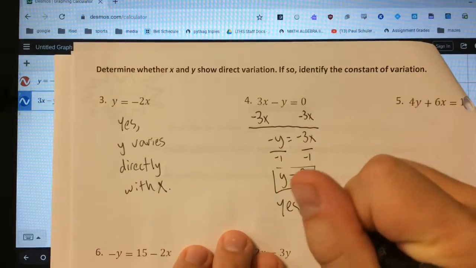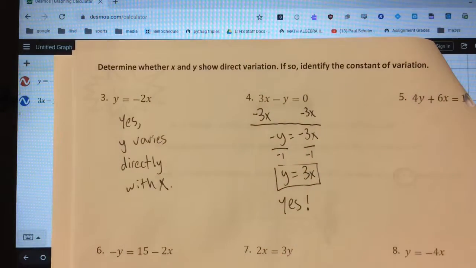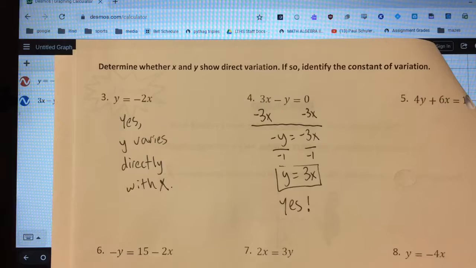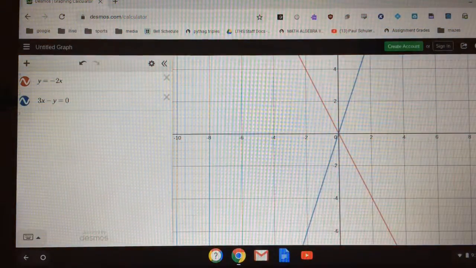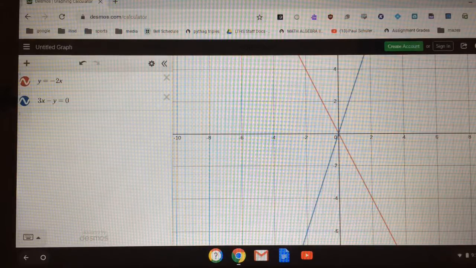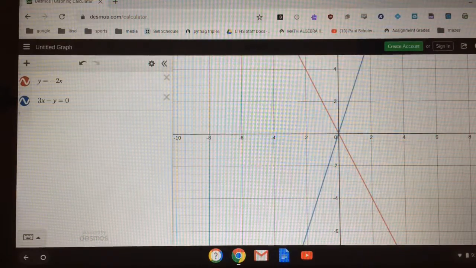So yes, it does show direct variation. You could show it algebraically, or you could just check the graph. I don't know. What do y'all prefer? The algebraic basically proof that it shows direct variation, or just looking at it on the graph? Graph probably.